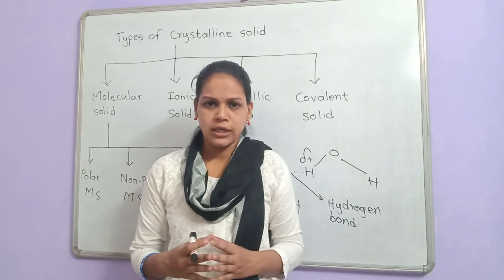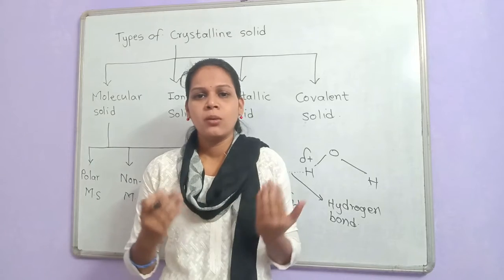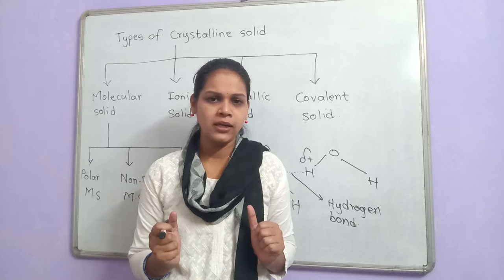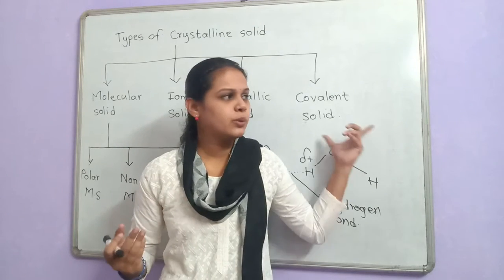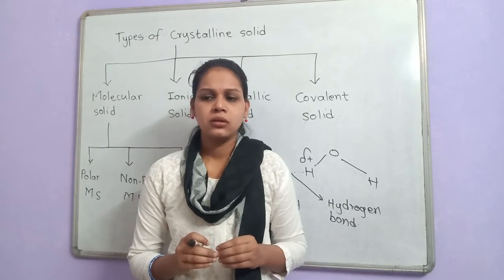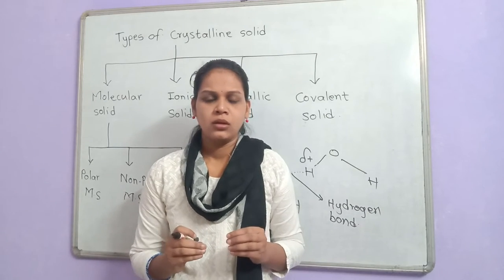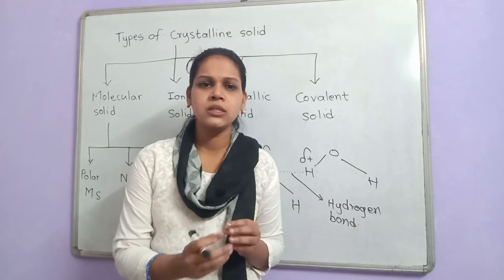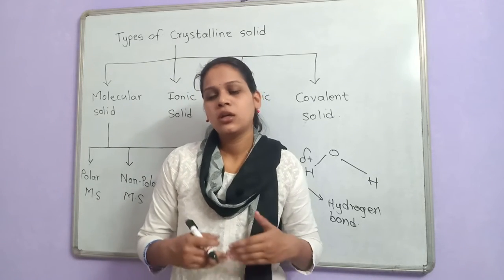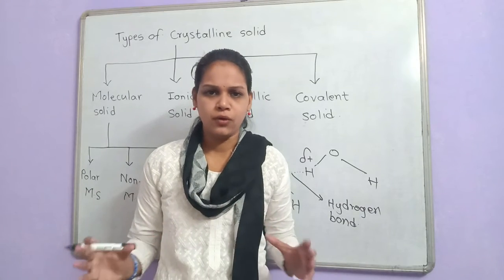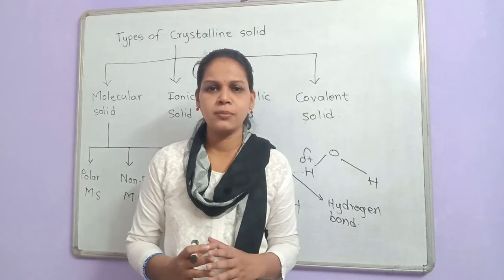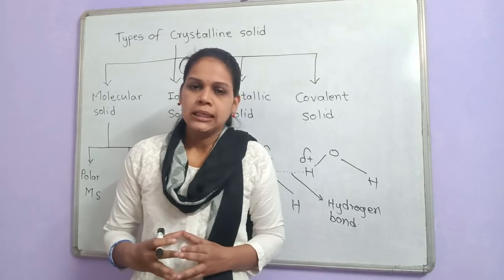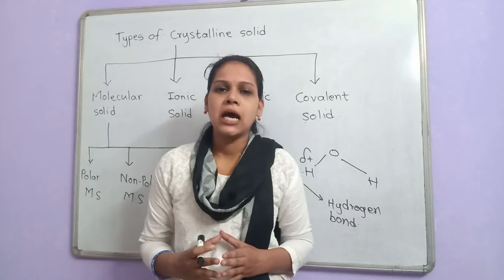In covalent solids, bonding between atoms is covalent in nature, and it is also network-like. Atoms combine with neighboring atoms and the result is a huge network solid. This bonding is also very strong, and therefore covalent solids are hardest.